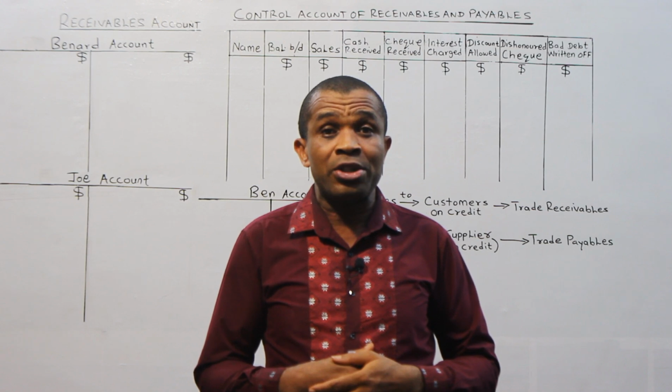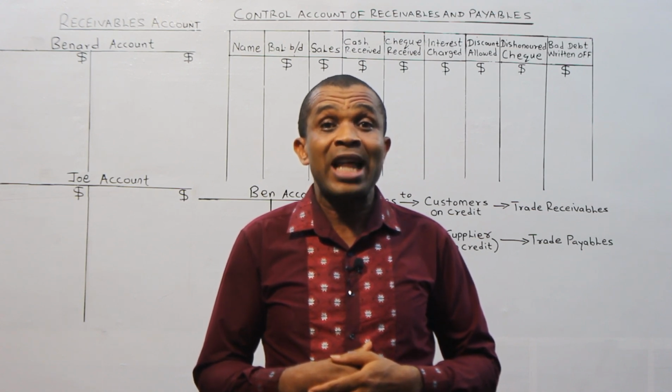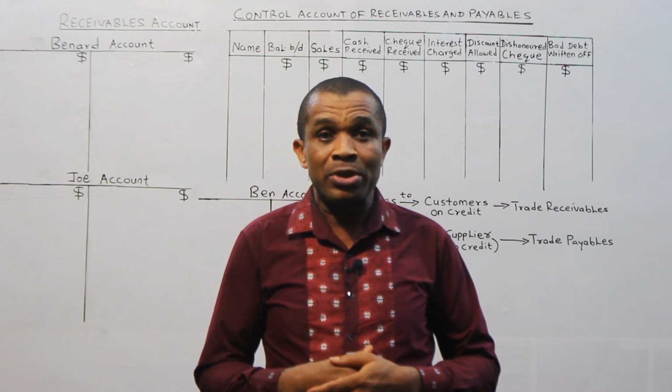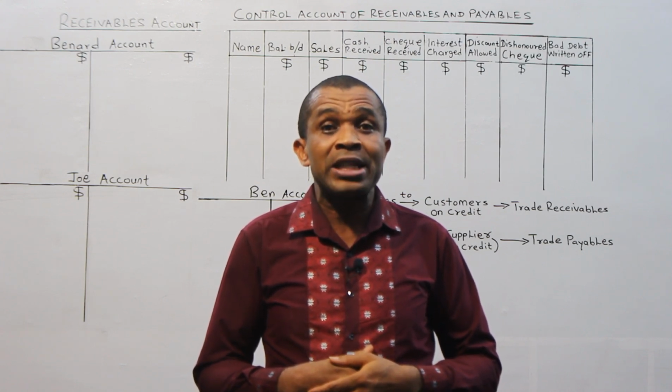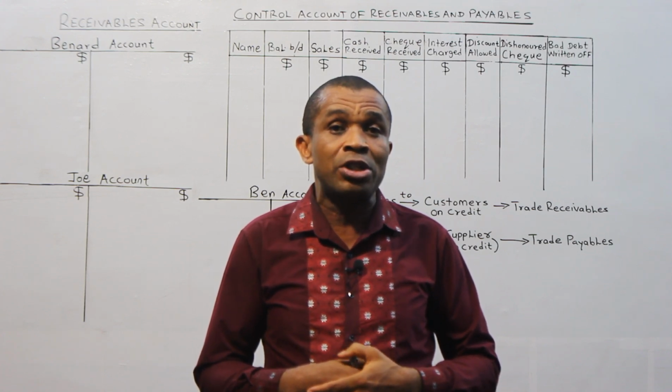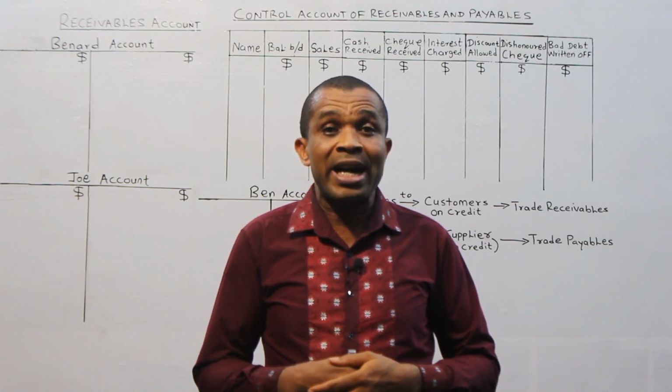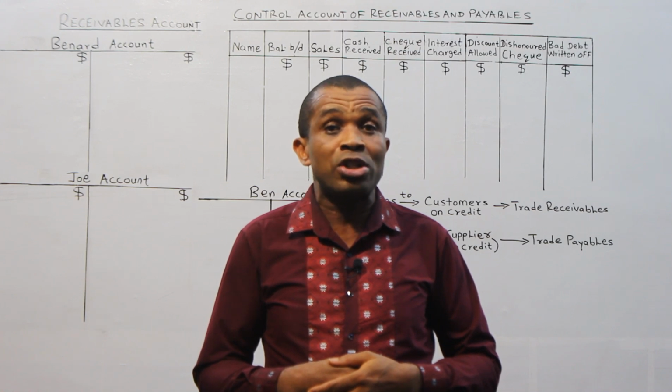In some organizations, there may exist hundreds, if not thousands, of such receivables and payables. And in order not to create problems in the preparation of accounting records in relation to receivables and payables, a control account is used to summarize or bring together all transactions that relate to payables and receivables.